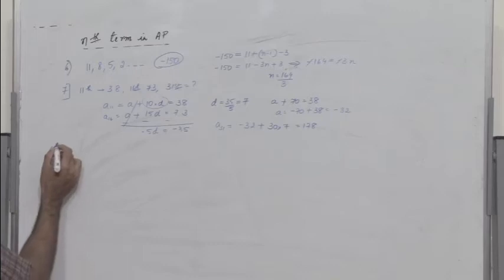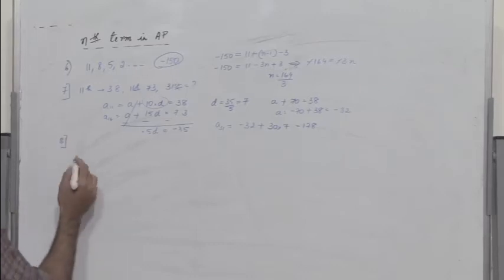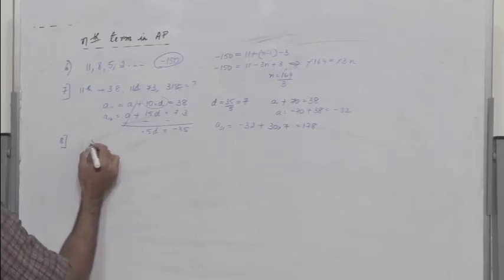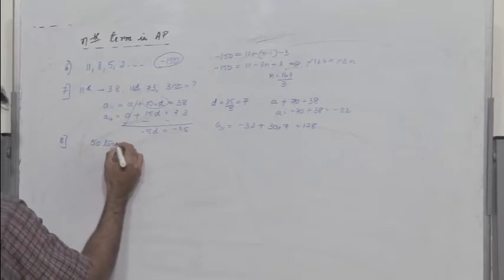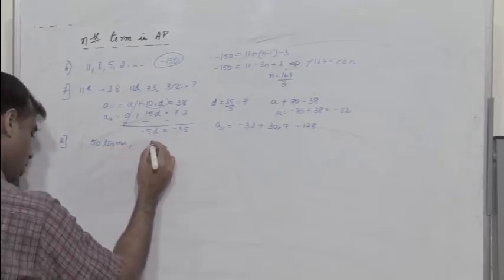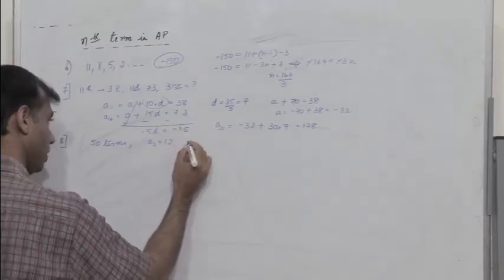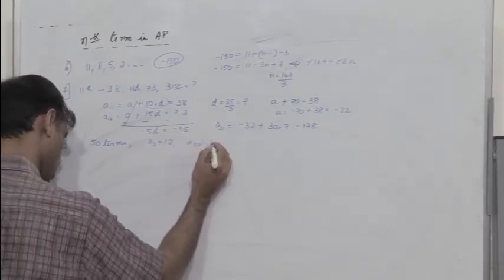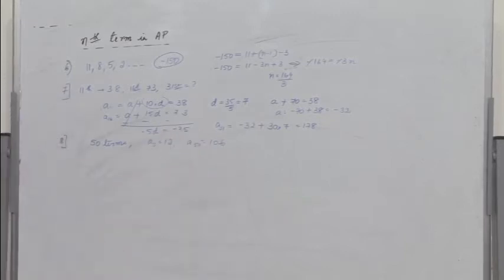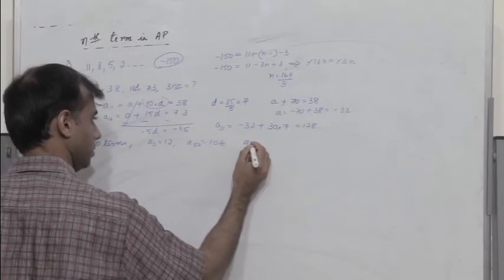Next, eighth problem. We have an arithmetic progression which has 50 terms. And we also have A3, which is 12, and we have A50, which is 106. So find A29.